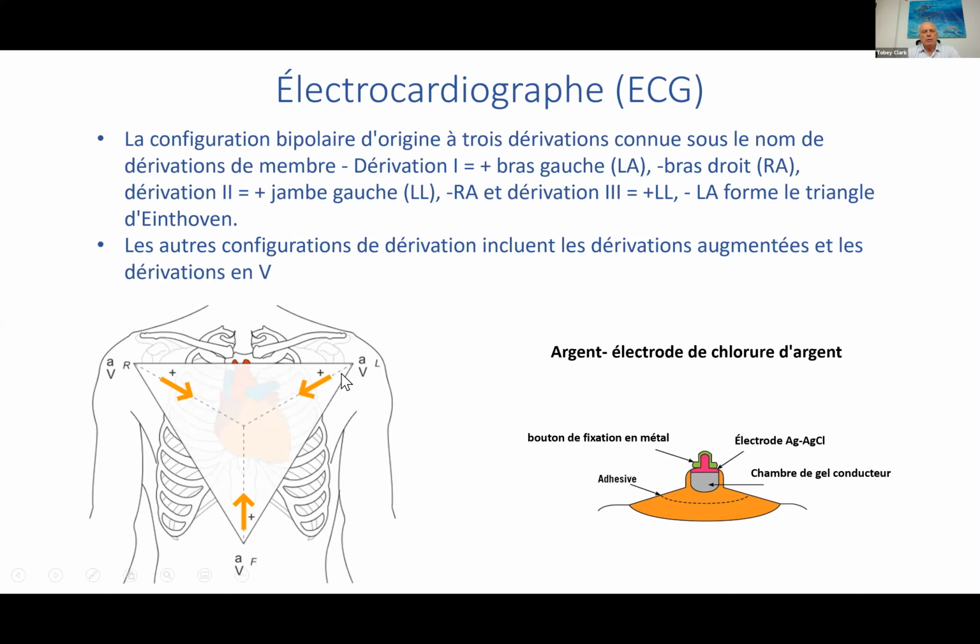The triangle here is called Einthoven's triangle, and from that, you can derive different voltages. So if you know the lead 2 and the lead 1 voltages, you can derive the lead 3 voltages. Now there are other lead systems that are also used, the augmented leads and the V leads. We're probably not going to get into that right now.